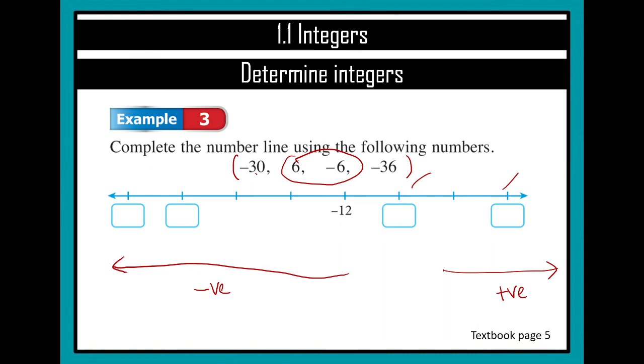If you can see the pattern of the numbers, it is actually in the multiple table of 6. So before negative 12, if I minus 6, I will get negative 6. Then this one will be 0. The next one will be 6.